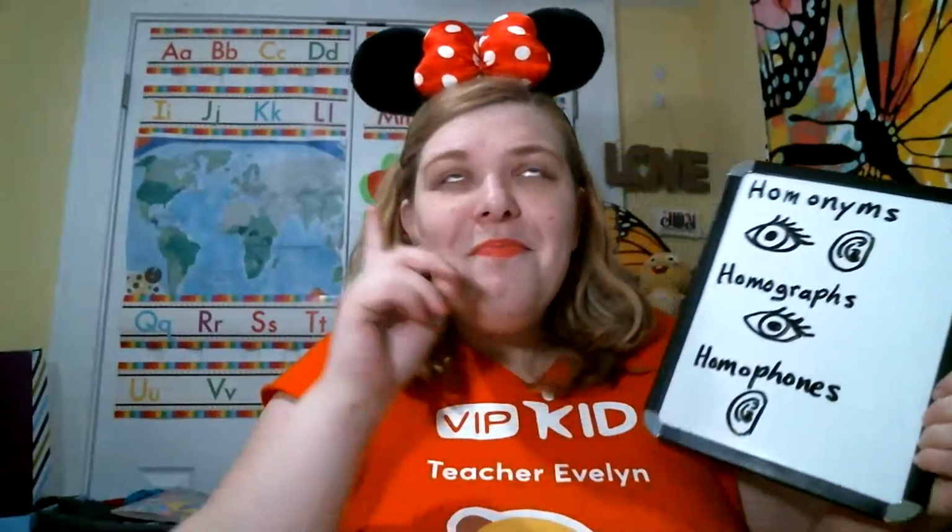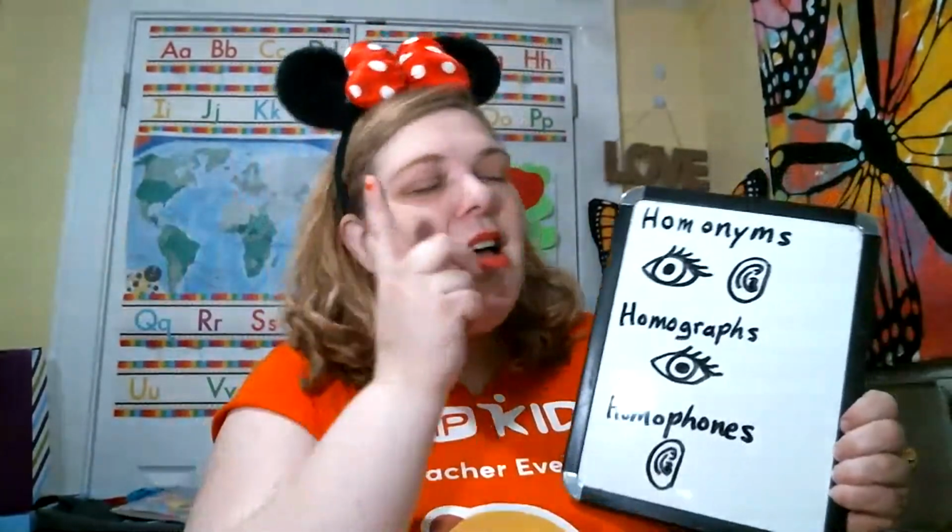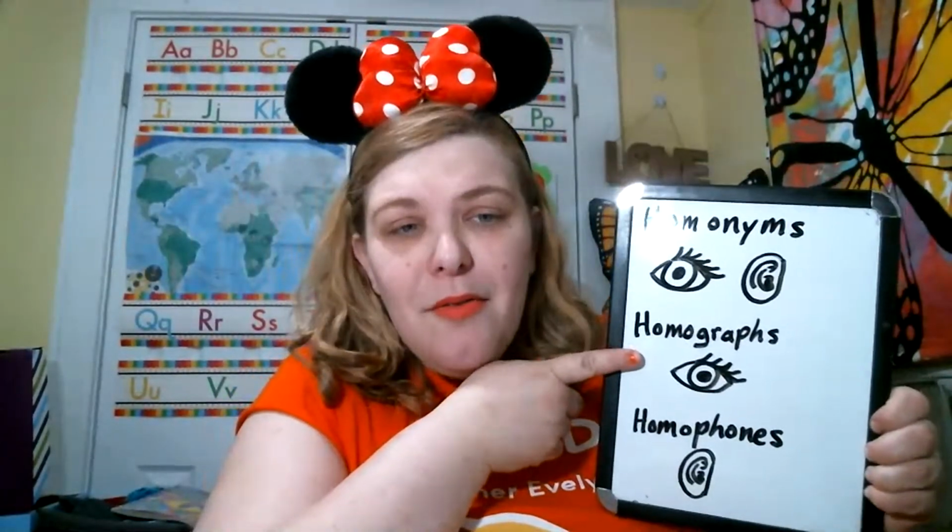Today, I'm going to talk to you about a topic that is covered in level 6 of VIPKID, and it can be mind-boggling, even for an adult like myself who has graduated high school and college, to remember these complicated grammatical things, such as the difference between homonyms, homographs, and homophones.